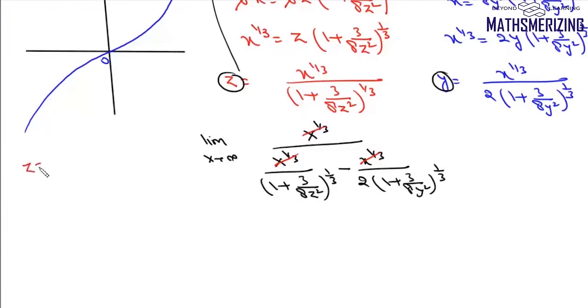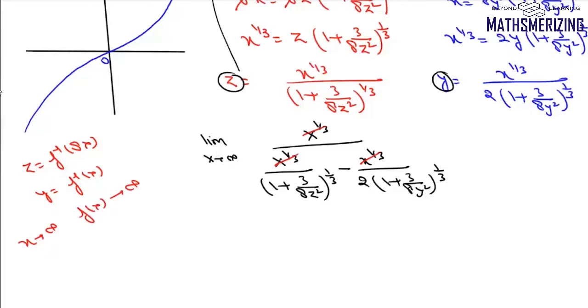Now z is f inverse of 8x and y is f inverse of x. Now this function f(x), it is an increasing function. So as x tends to infinite, f(x) tends to infinite.